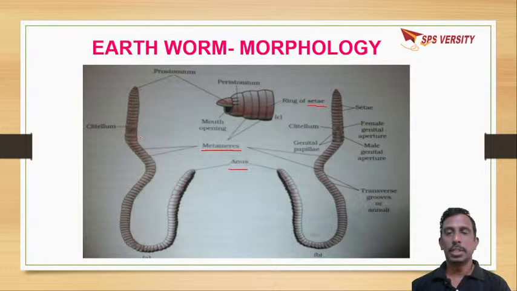Between 14 to 16 segments, there is a glandular structure which is called clitellum. Based on this clitellum, the entire body of earthworm can be divided into pre-clitellar region and post-clitellar region.